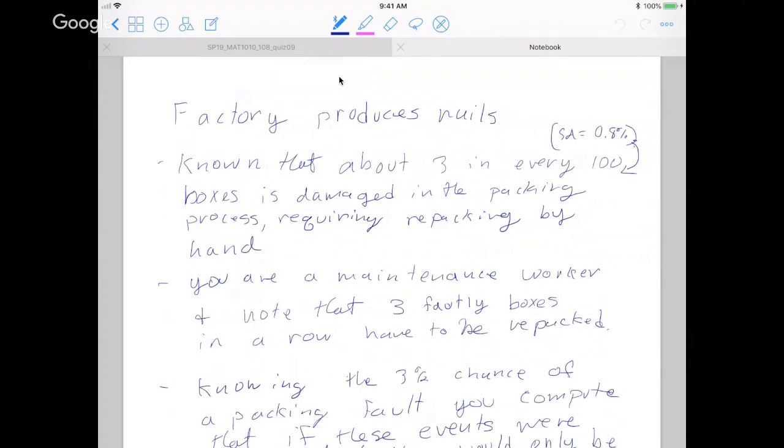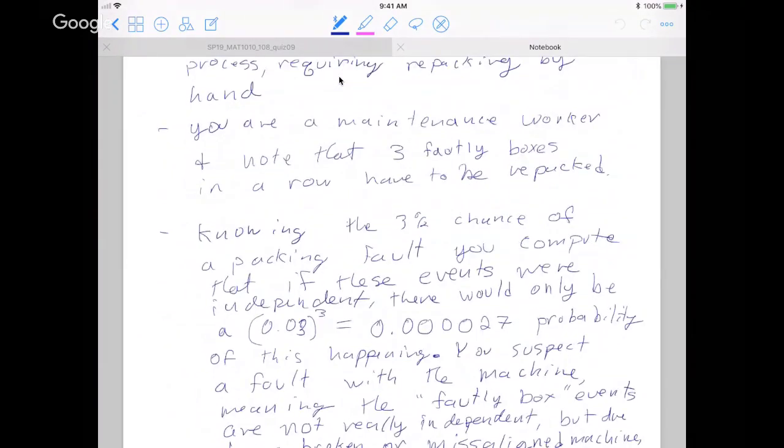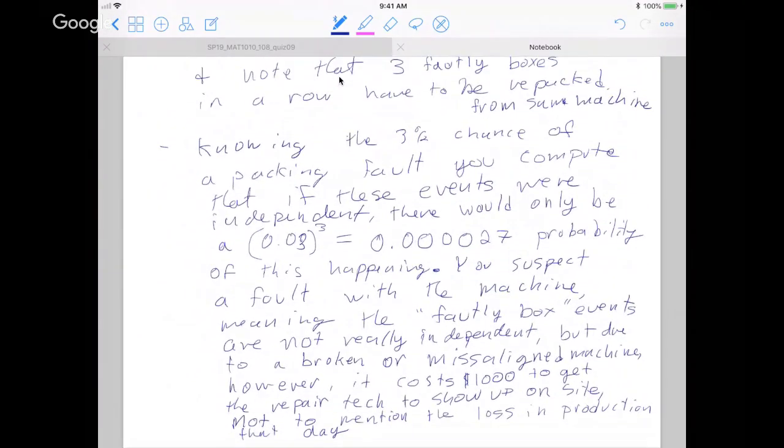You're a maintenance worker, and you note that 3 faulty boxes in a row, from the same machine, have to be repacked. You know that there's only a 3% chance of a packing fault, so you compute that 3 in a row would be 0.03 cubed, or 0.000027.